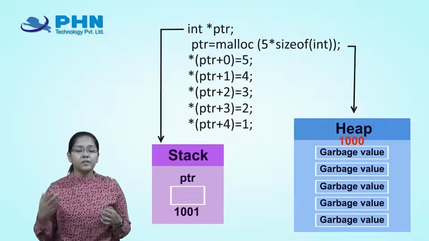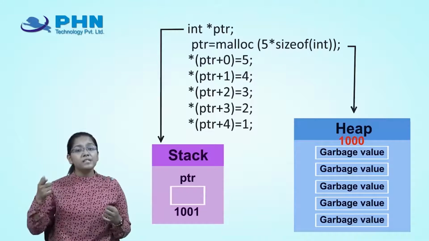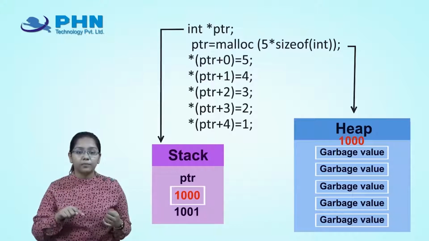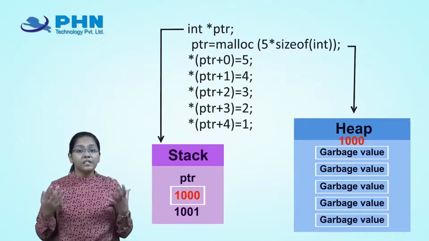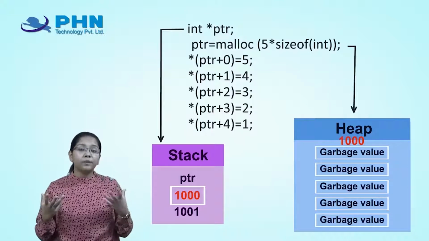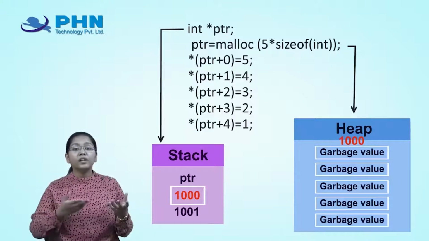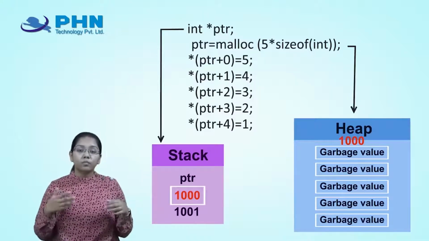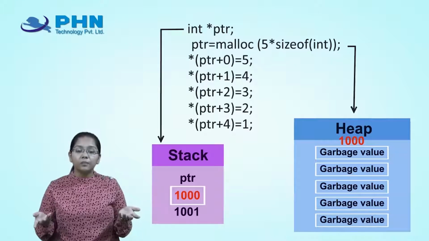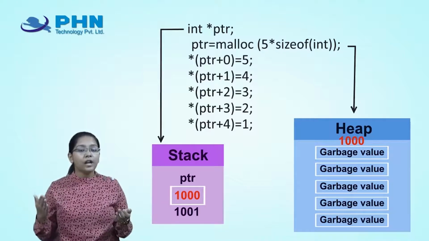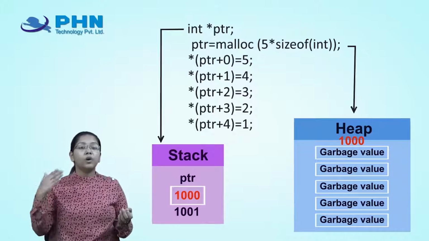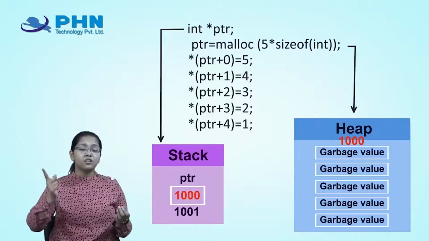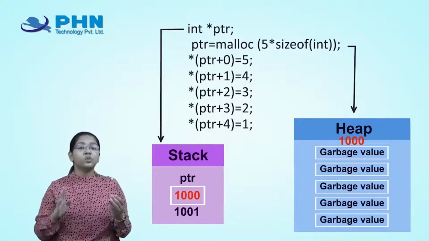In C programming, that base address will get stored in my ptr, which is in my stack, because ptr needs some address, right? ptr is my pointer, and a pointer always works with addresses, and if I am not allocating any address, then what is the point of having a pointer? And hence, because I don't have any address in the heap till now, I will give the base address to it. I will pass the base address to that ptr, which is stored in my stack.